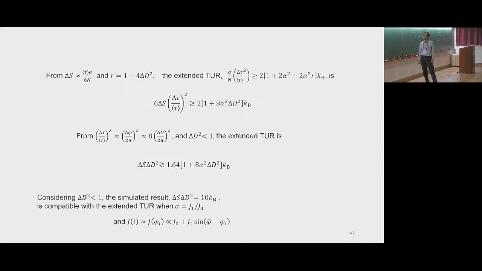But if alpha is of order 1 and delta D should be less than 1, then this should be near 10 or something like that. So we did not solve the problem completely yet, but this result already implies that to make delta D squared small, about 0.1 or 0.2, delta S has to be of order 100.